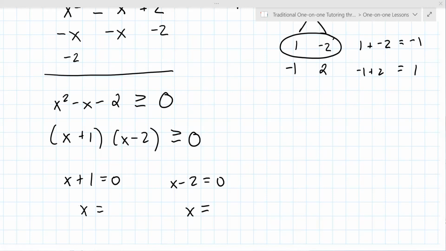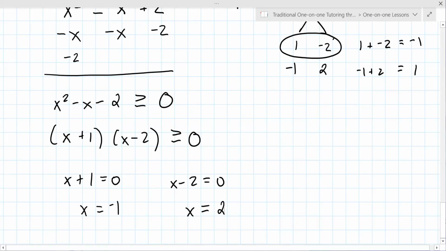Okay, x equals -1 and x equals +2. Let me just quickly write this down. Okay, I wrote it down.